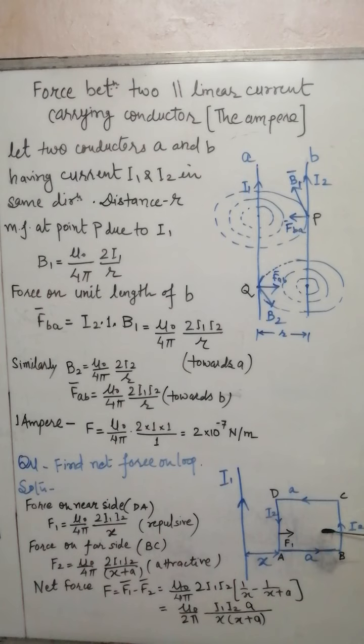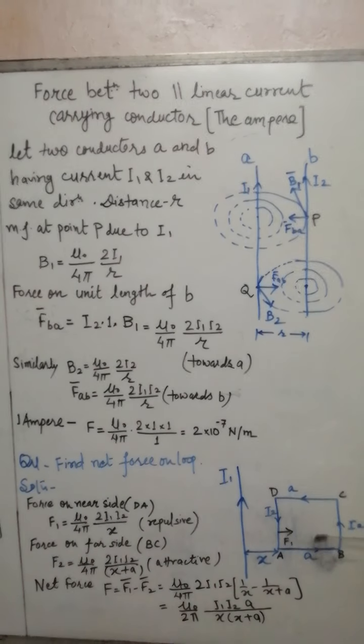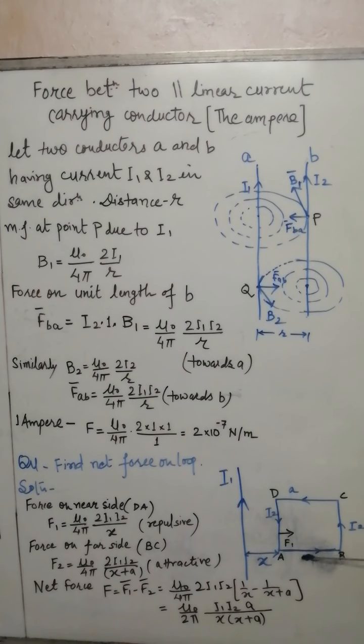F2 will be attractive, meaning in this direction. The forces experienced by the two sides AB and DC will be the same in magnitude but opposite in direction. At each point they experience the same force but in opposite directions, so these two forces cancel each other, and we get the net force due to the other two only.